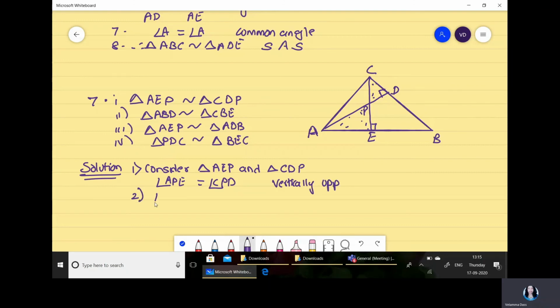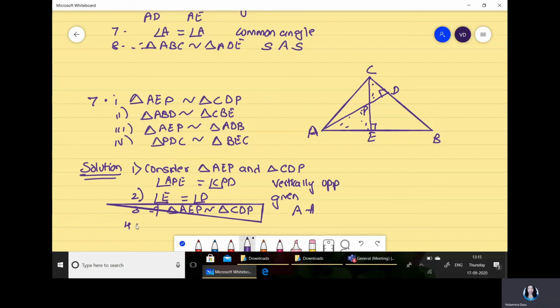Then number 2, angle E and angle D are equal, this we can write as given. Therefore, the two triangles are similar by AA. So the first part is proved. Here you can find we are proving it very easily just by writing the criterion.